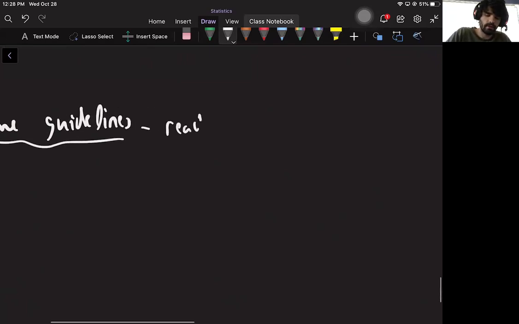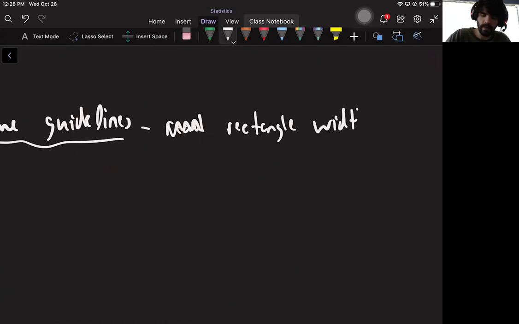So here are the guidelines. Rectangle widths don't actually matter. They're all the same, and they must touch.